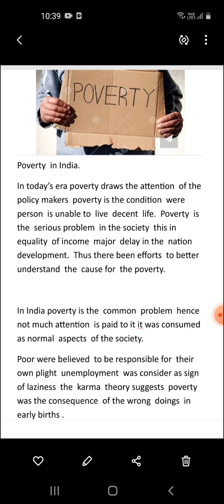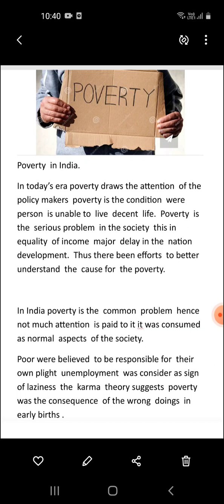Poverty is a serious problem in the society, because in the society there is no equal distribution of income. There is inequality in the distribution of income, because rich people have a lot of wealth on one side, and on the other side there are people who don't have money even to fulfill their basic needs.